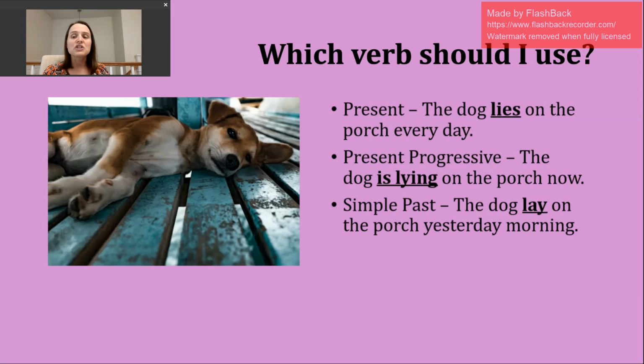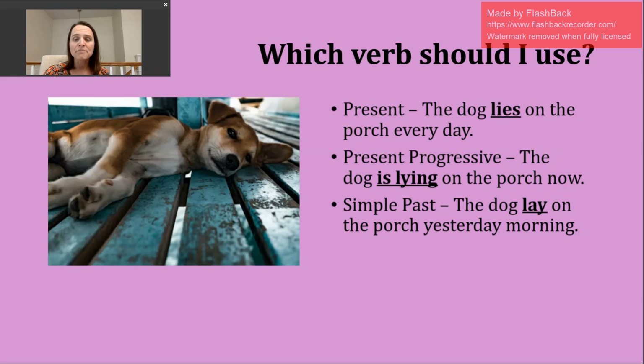I would say the dog lay on the porch yesterday morning. And I'm changing the time signals. I hope you notice in each of these, every day to note that this is a habit or a routine, now for the progressive, yesterday for past, but we could use any number of time signals.